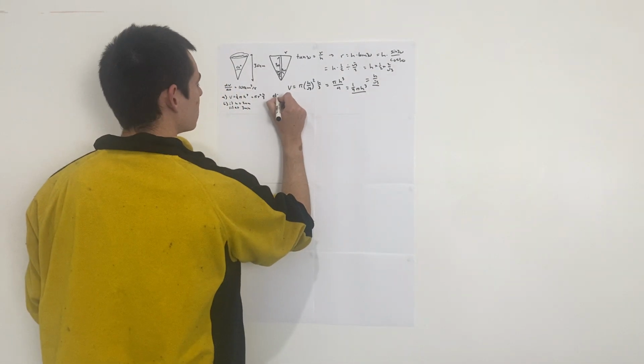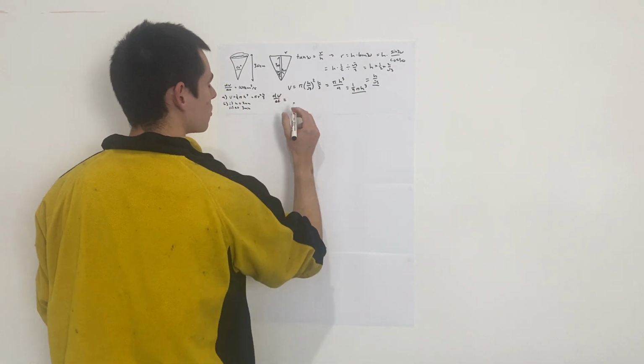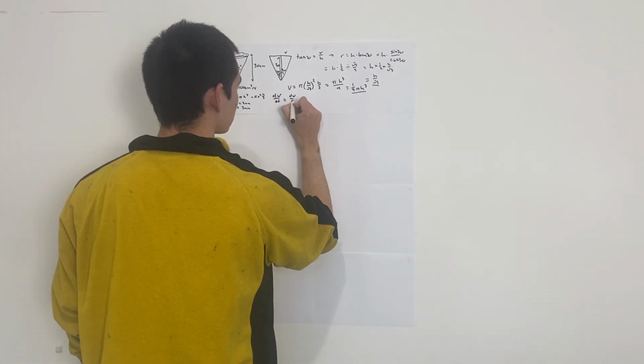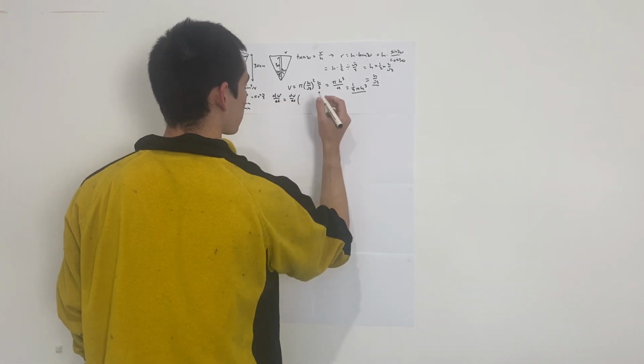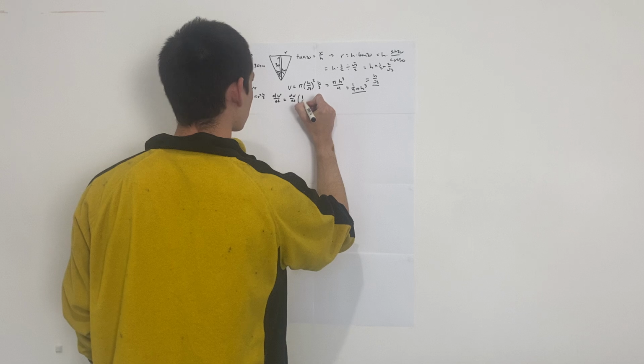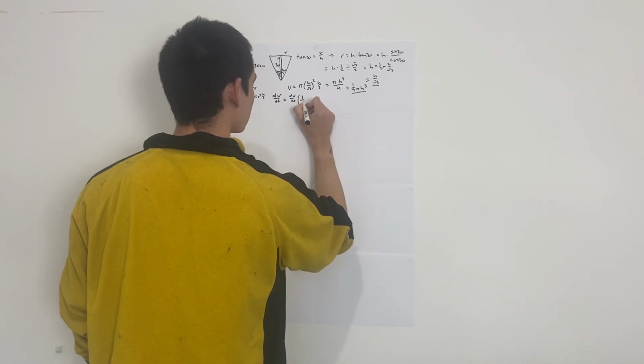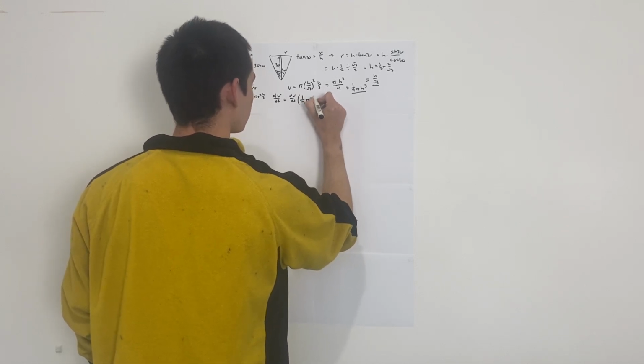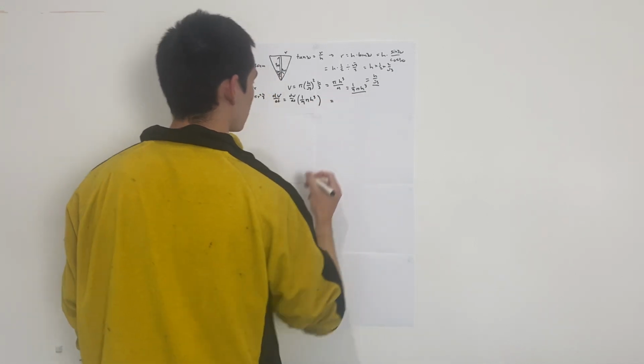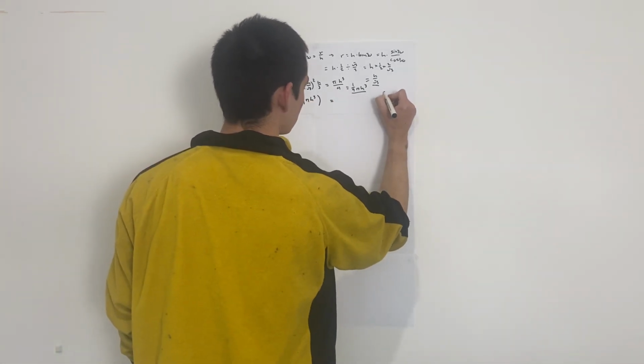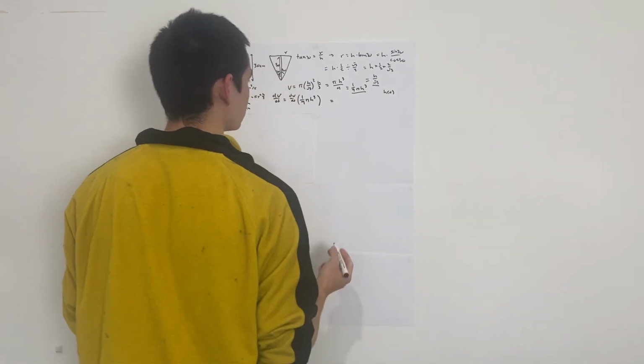So dV on dt equals the derivative of 1 over 9 pi h cubed, and h is a function in t.